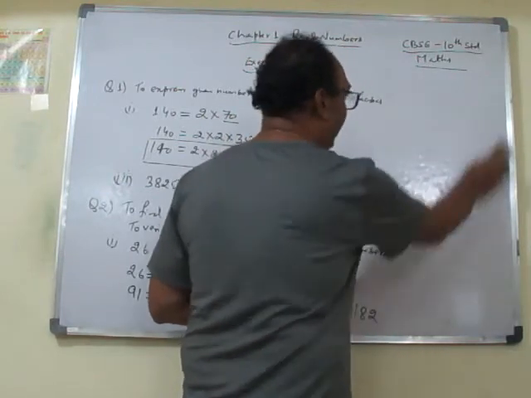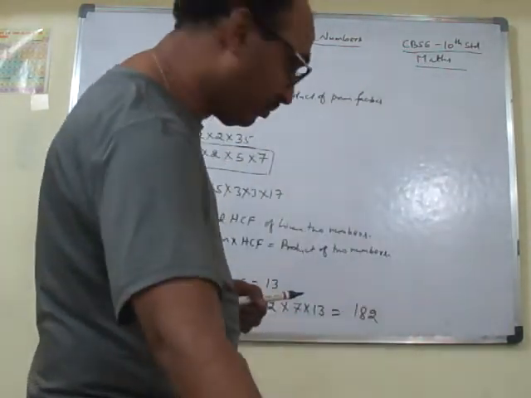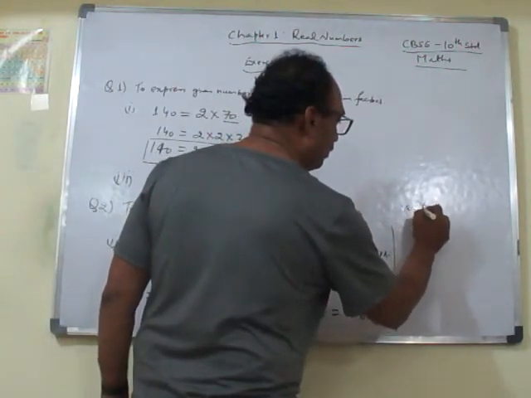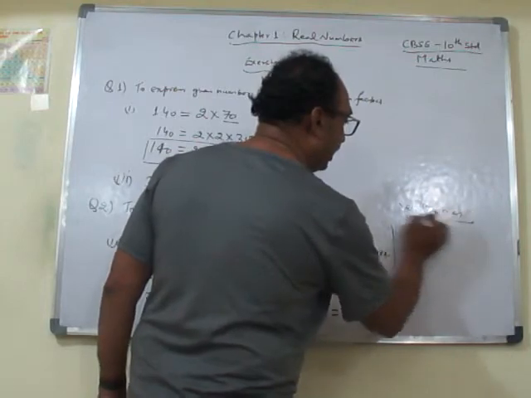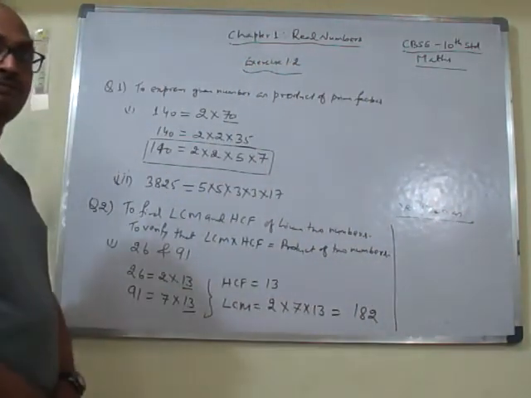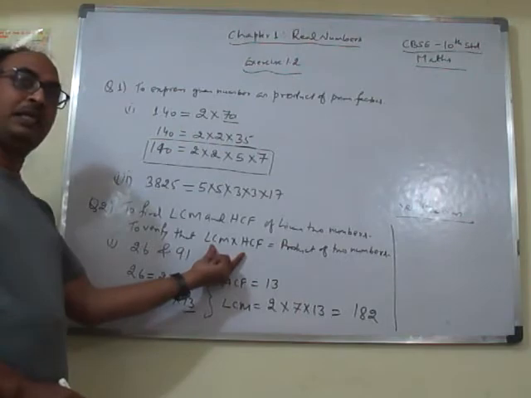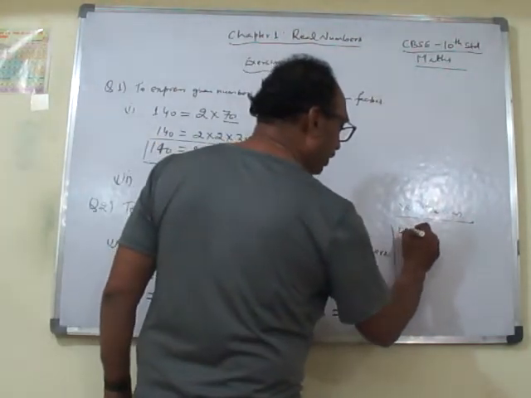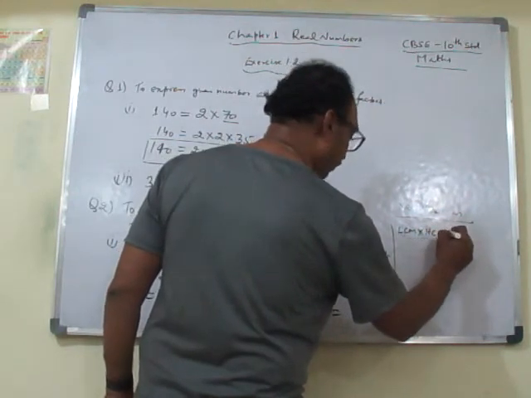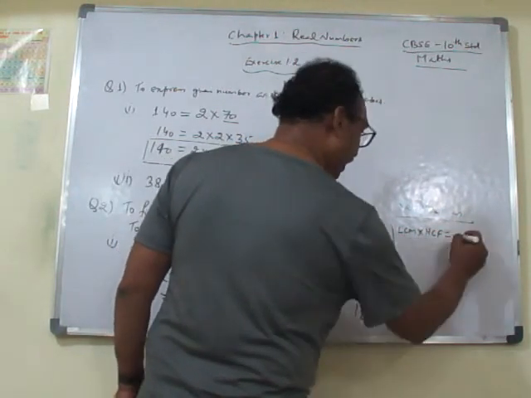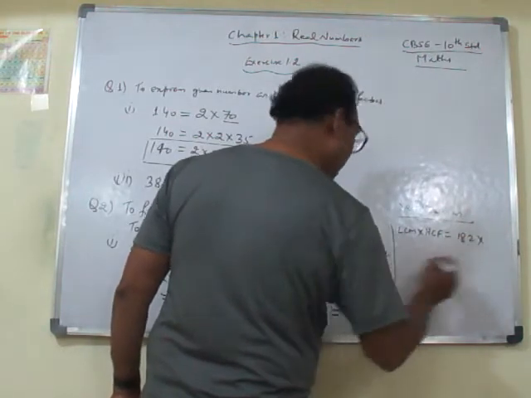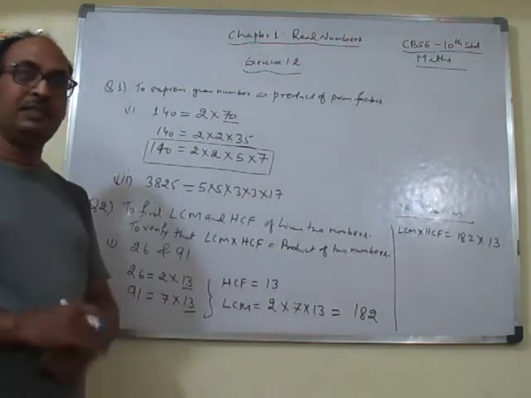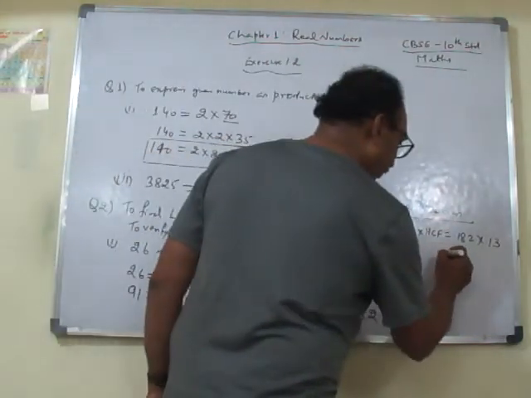Next we need to verify. We will go for verification that our LCM and HCF are correct or not. By this method, we put LCM into HCF. So LCM is 182 into 13, that we will find out now.